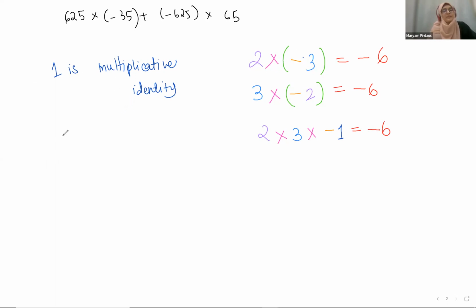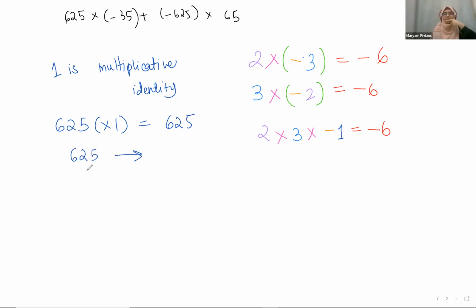What does that mean? It means that if you have any number whatsoever, it can be a positive integer, it can be a negative integer, and you just multiply it with a 1, it's going to be the same thing. So if I want to make 625 negative, what will I do?